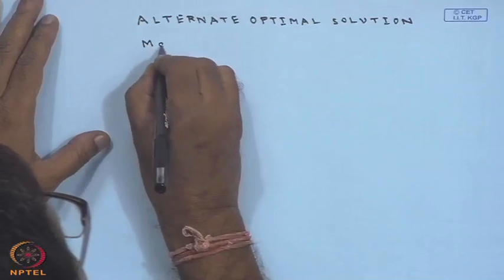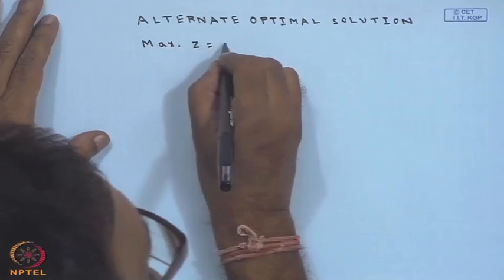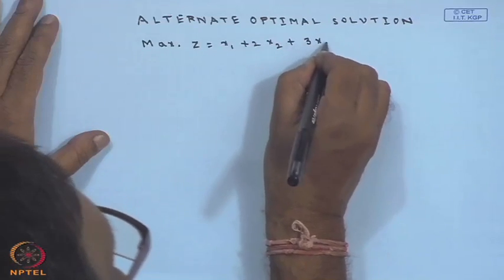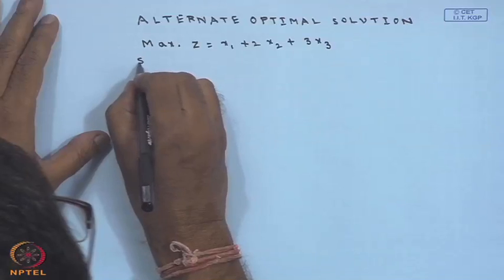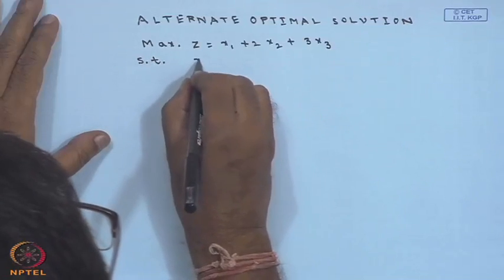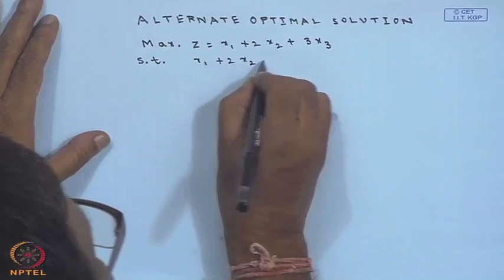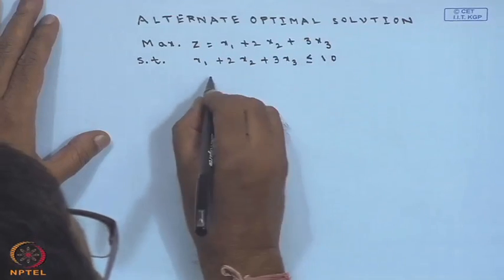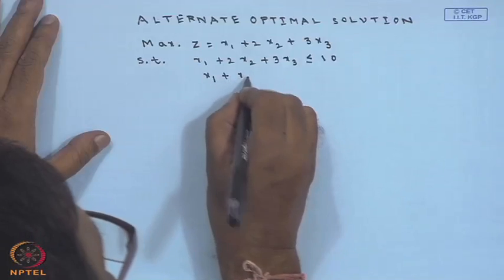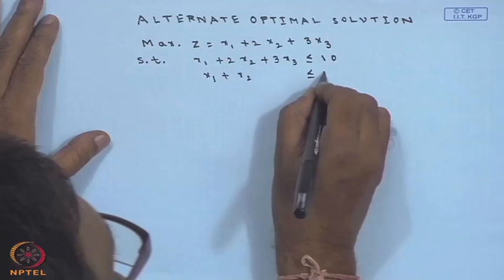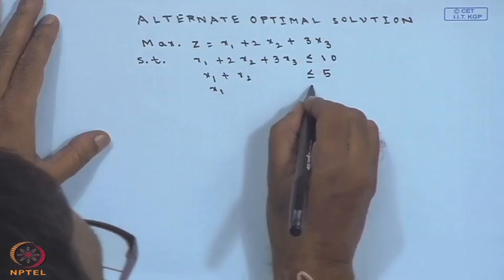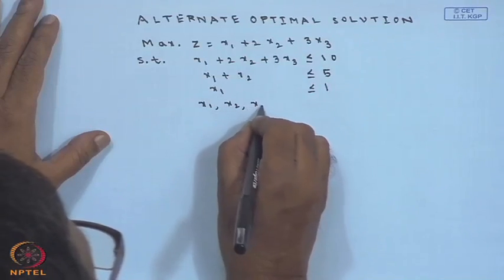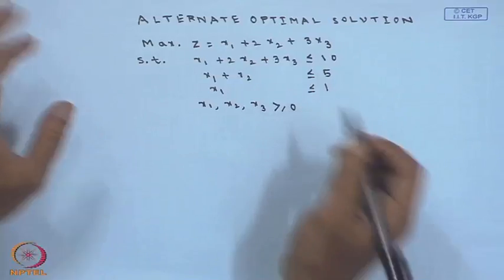Let us take the problem: maximize Z equals x1 plus 2x2 plus 3x3, subject to x1 plus 2x2 plus 3x3 less than or equal to 10, x1 plus x2 less than or equal to 5, x1 less than or equal to 1, and x1, x2, x3 greater than or equal to 0.